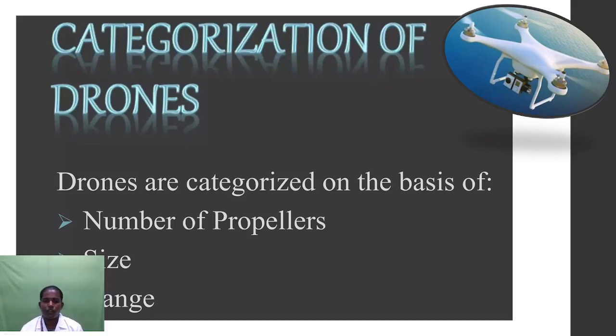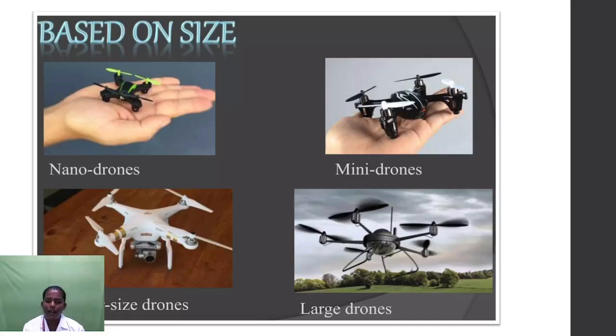Categories of drone: when we design a multi-rotor drone, we consider the number of propellers, size and range. Drone design is totally focused on this; we know we have 4, 6, 8 rotor multi-rotors. It depends on the purpose we are going to use the drone for: nanodrone, mini drone, regular size drone and large size. Nanodrone means hacking, spying.